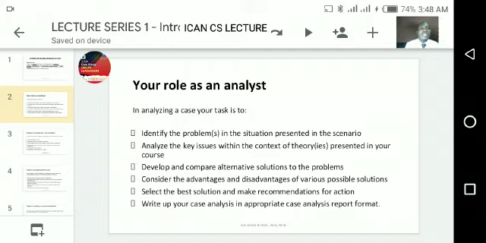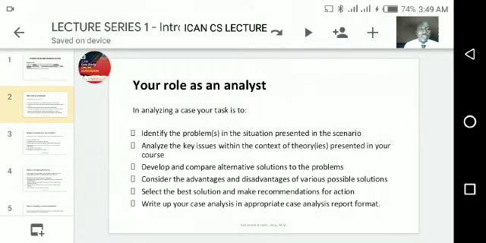Now, the other one is that you need to be able to develop and compare alternative solutions to the problem. Once you are able to analyze the key issues or problems identified, then you get to the level of proffering solutions. But for the solutions you proffer to your client in the case scenario, you need to compare these solutions and look at the best alternative solution.